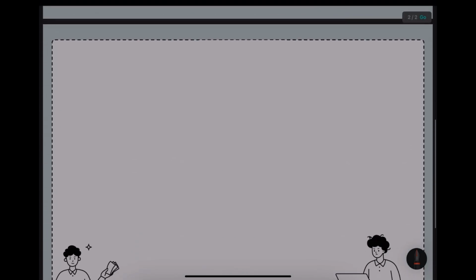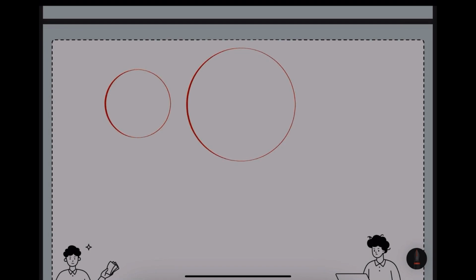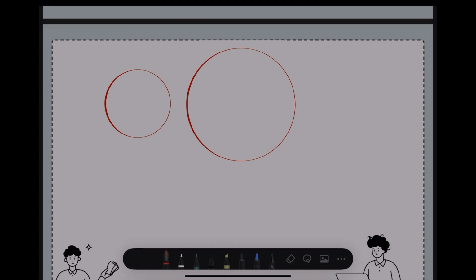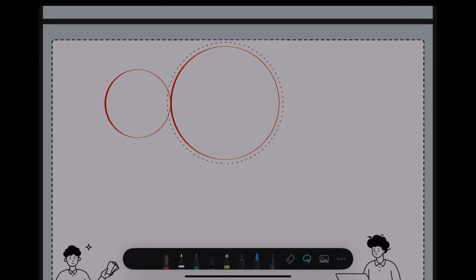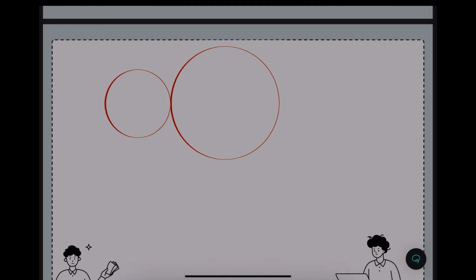Now I'll go with case 2, where the circles are touching each other. Look at this. These two circles are touching each other. This is the center, this is the center, so center 1, center 2.